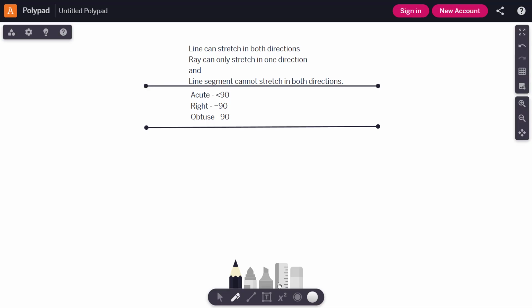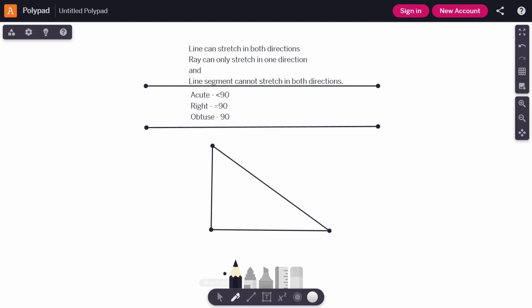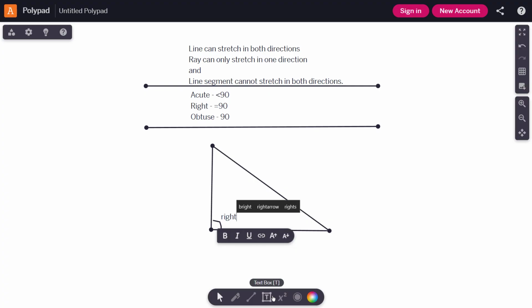It cannot have 3 right angles. So what do we have? Can we have 2 right angles? We just tested. No. Can we have 1? Wait a minute. We can have 1. This is a right triangle here.